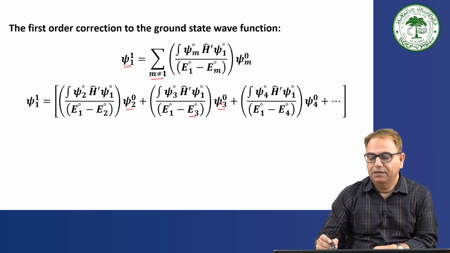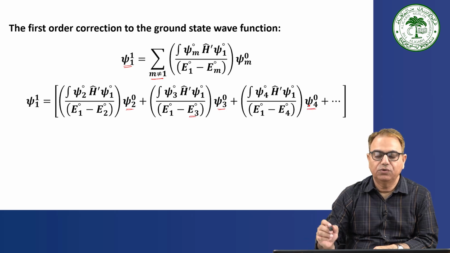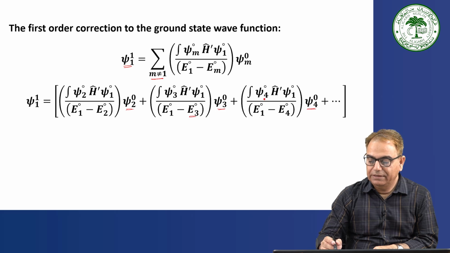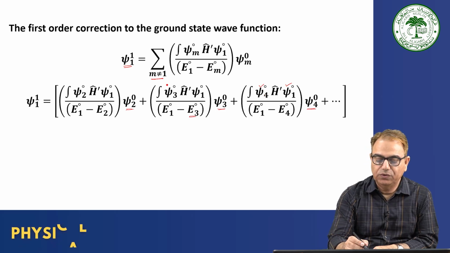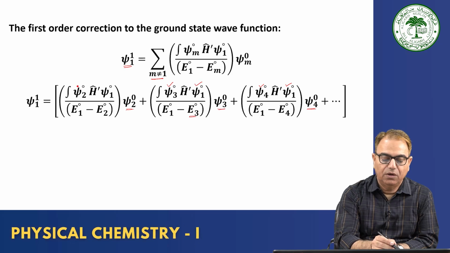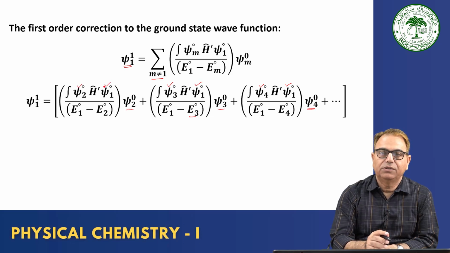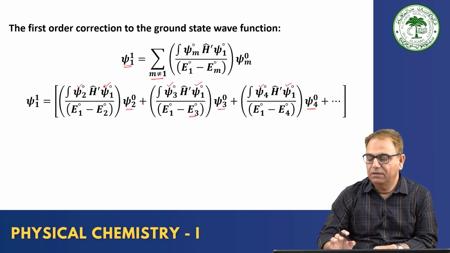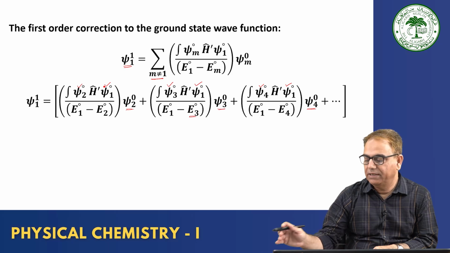Here also you have E1 naught minus E4 naught, and psi 4 naught. All of these have the naught symbol, so there is nothing you don't know. All data is from the unperturbed system, and it's a solvable problem. We have solved this problem earlier.